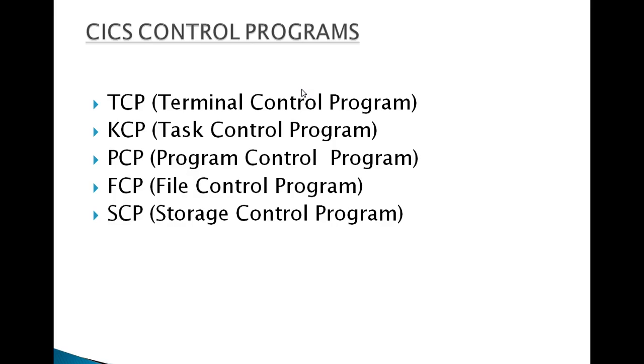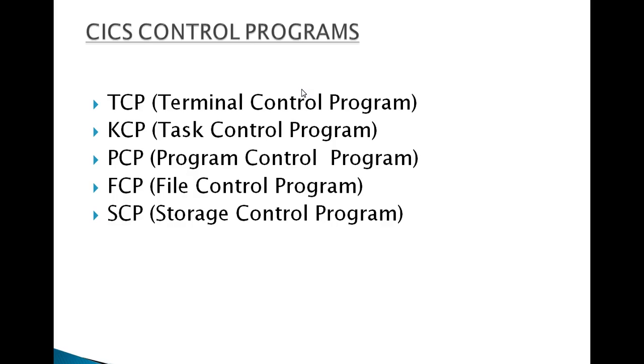FCP stands for file control program. The file actions we have are read, update, add, and delete records in a file. FCP gives these services and has exclusive control over the records, in order to maintain data integrity whenever there is a record update.